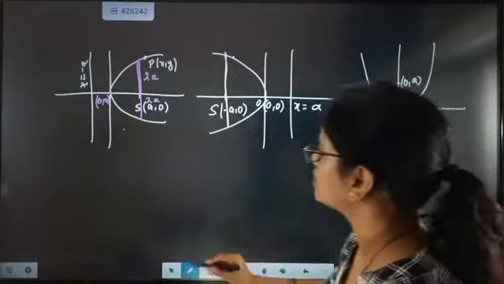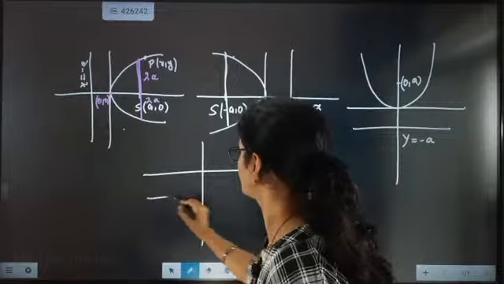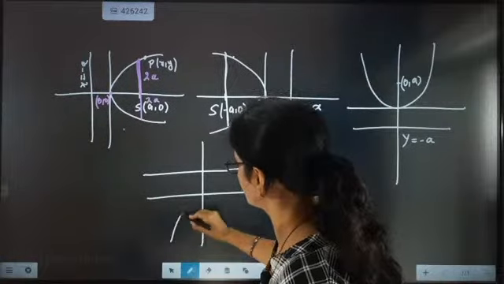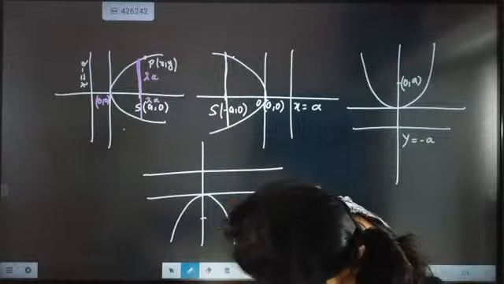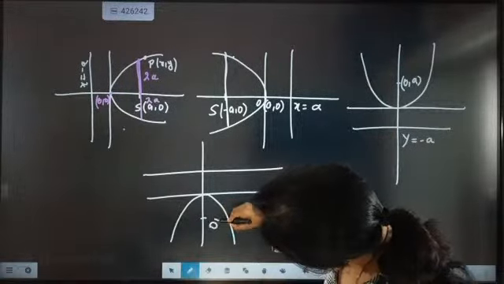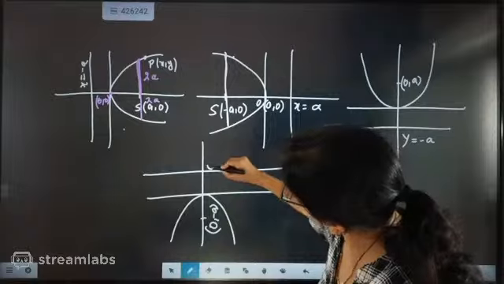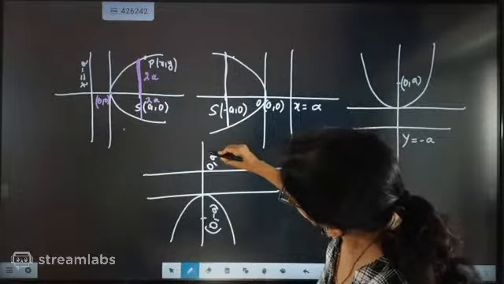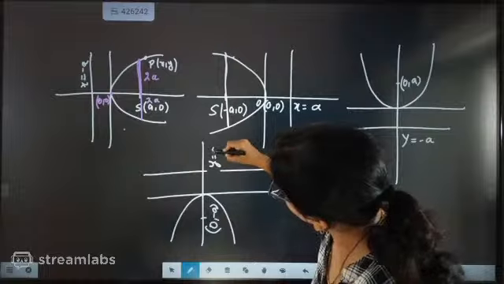So now down. So now this time focus will be 0 comma minus a, and directrix will be y equal to a.